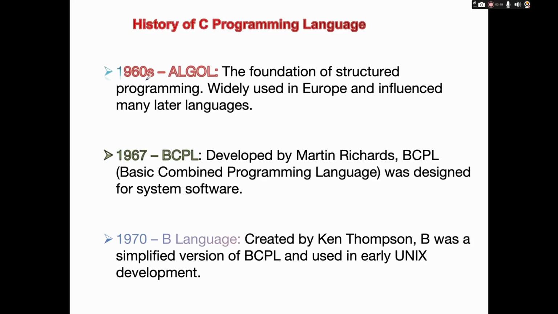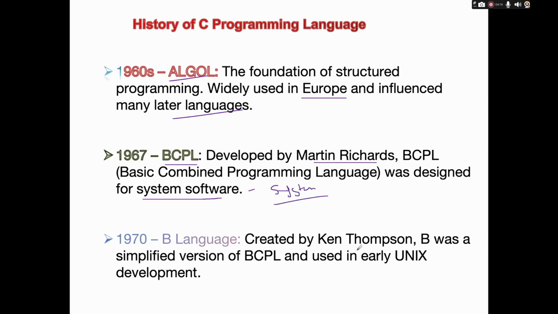So let's look at the history in terms of statements. In the 1960s, ALGOL was used in Europe and influenced many other programming languages. In 1967, we had BCPL, developed by Martin Richards for system software, so you can build software like system programming.